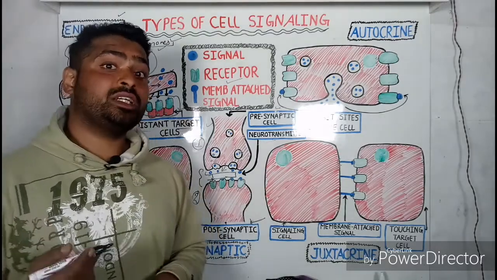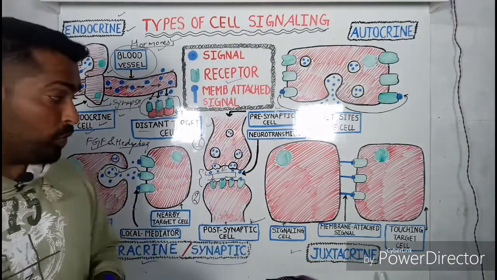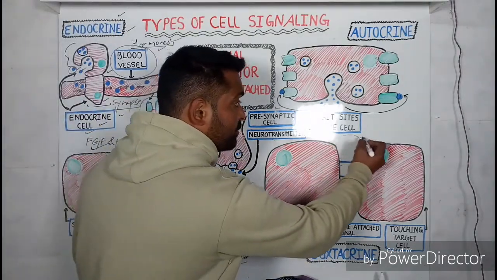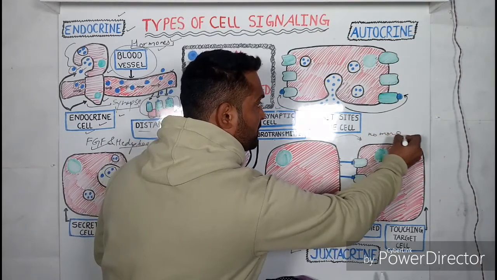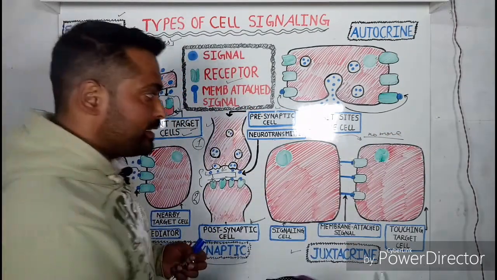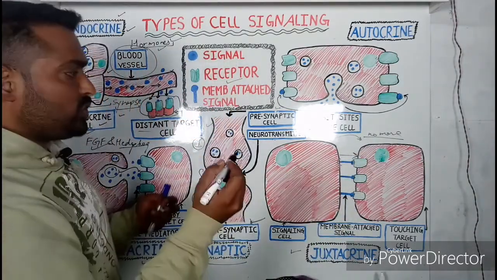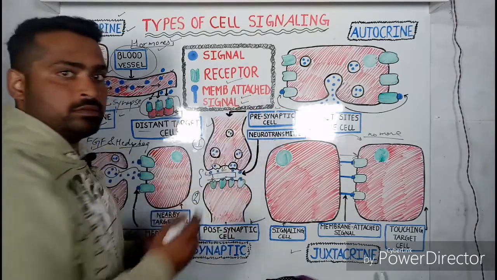Now let's talk about the third type of cell signaling, which is known as juxtacrine. This is very important. Here the distance between the two cells is finally no more; that is, they are making a direct contact. How? So we have an attached signal.